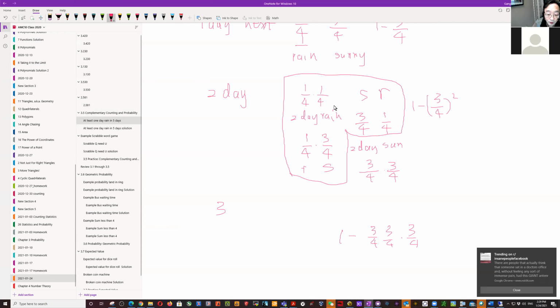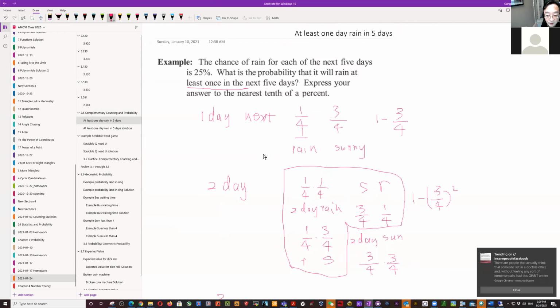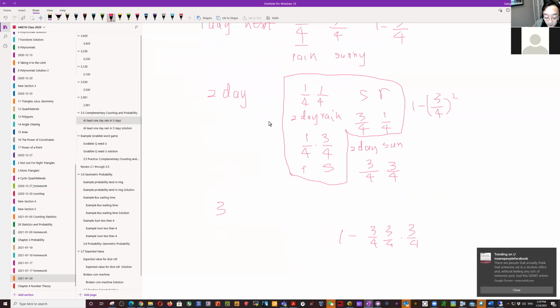So basically, with this type of problem, you may not feel comfortable doing it at first, but after you begin to do this, it becomes easier. On the 5th day, it's going to be 1 minus 3/4 to the 5th using the probability.